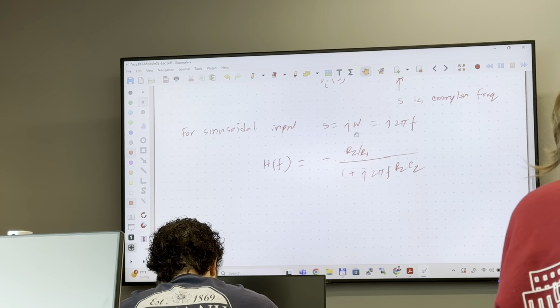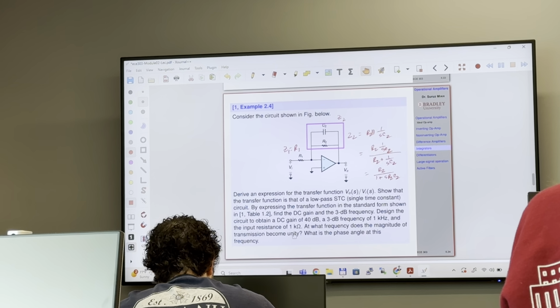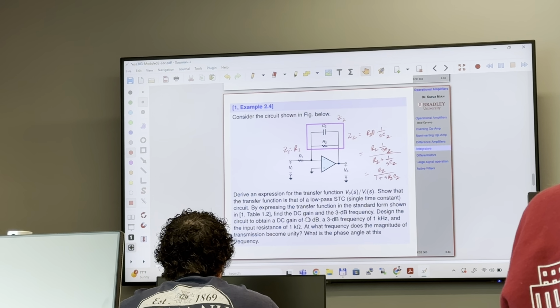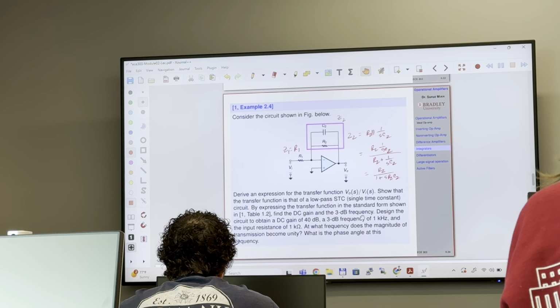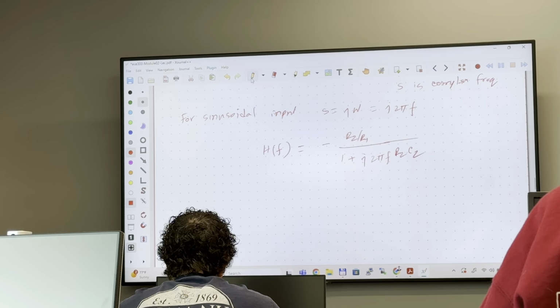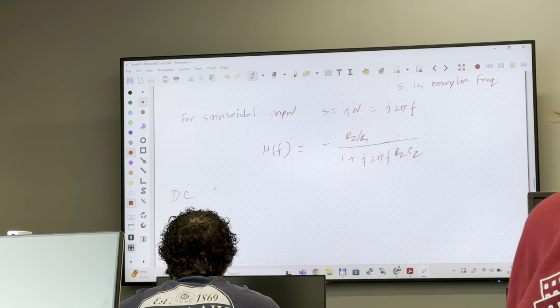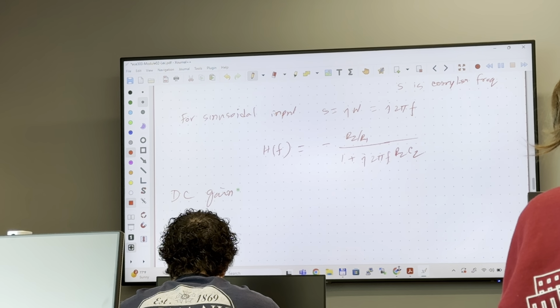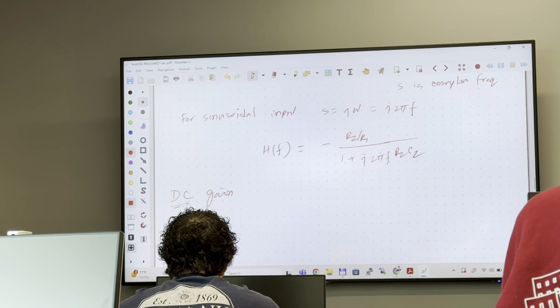If I ask you to find the DC gain and 3 dB frequency: DC gain means the gain at DC frequency. What's the frequency at DC? Zero.